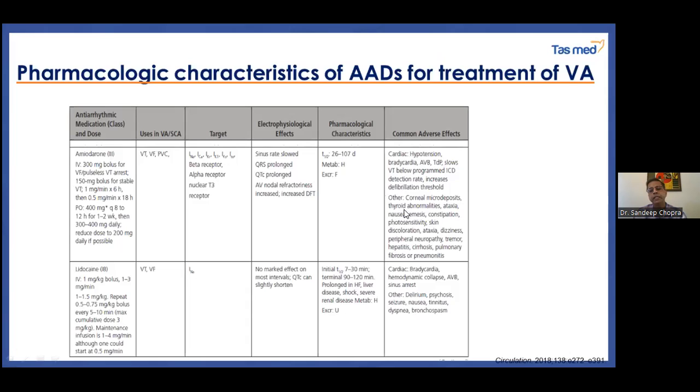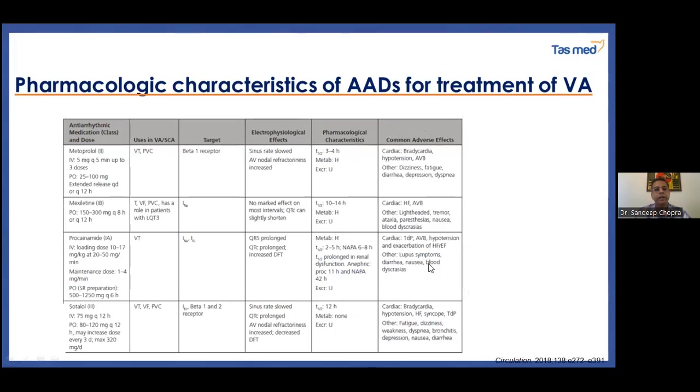Thyroid abnormalities, both hypo and hyperthyroidism can happen with them, but it's mostly hypothyroidism. Ataxia, nausea, emesis, constipation, photosensitivity, skin discoloration, dizziness, peripheral neuropathy, tremors, hepatitis, cirrhosis, pulmonary fibrosis, or pneumonitis. For lignocaine, given only in a hospital setting, the adverse effects are bradycardia and hemodynamic collapse, very rare.